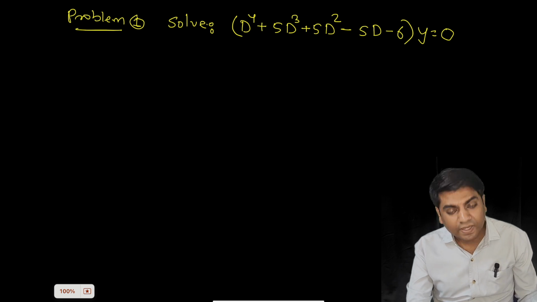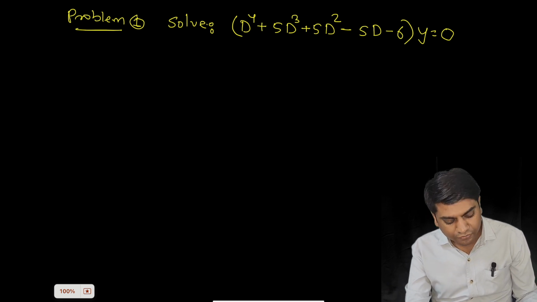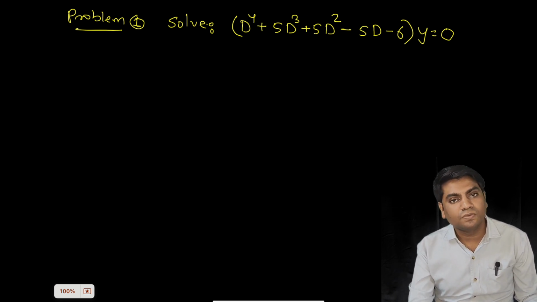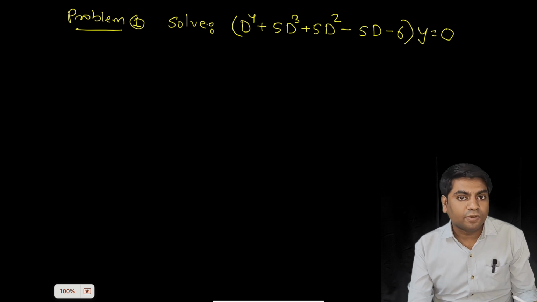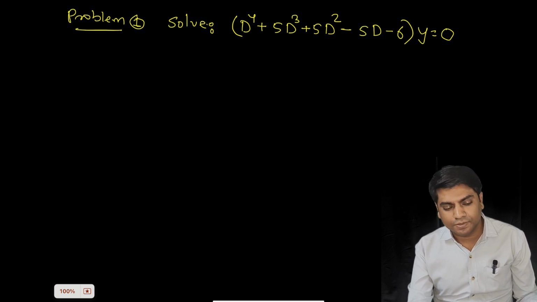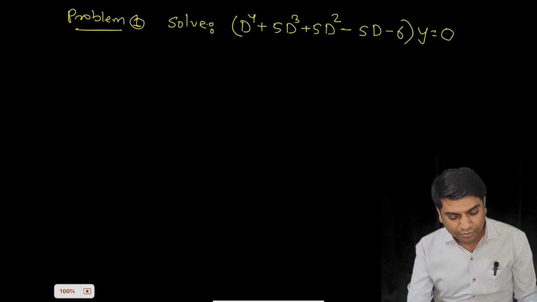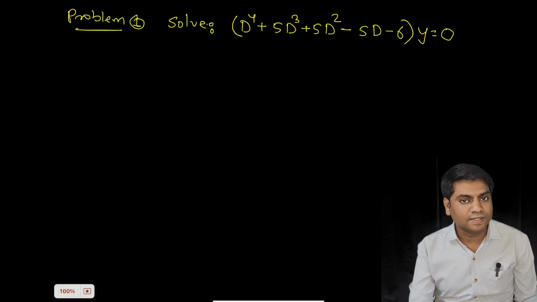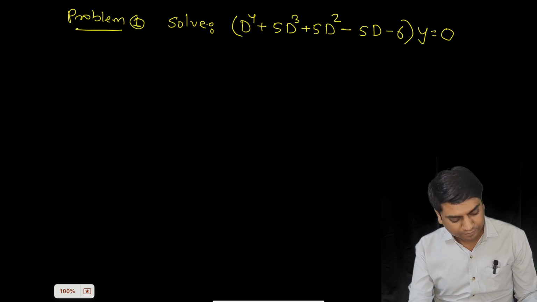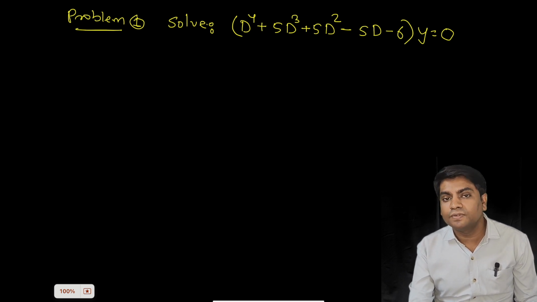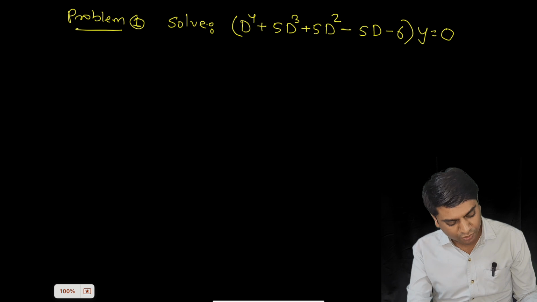Okay, so we have this question. Now to find its complete solution, we have to find particular integral and complementary function. So in the previous lecture we have seen how to find its complementary function, and today we are going to see how to find its particular integral. So in this one we have to find both to get the complete solution.